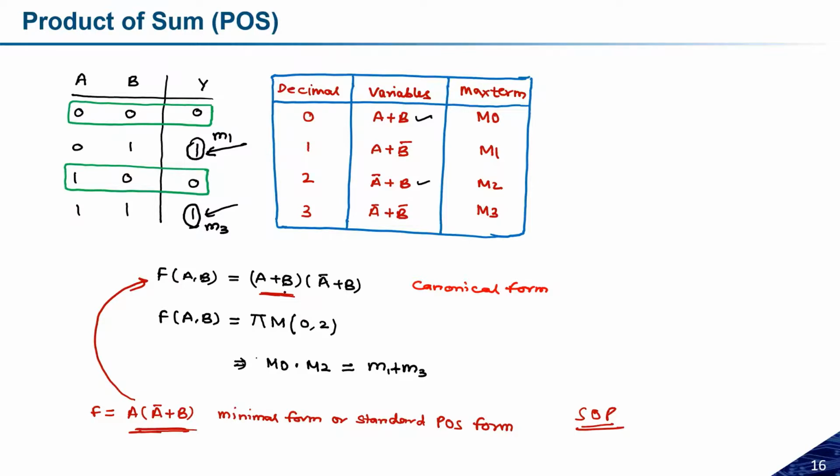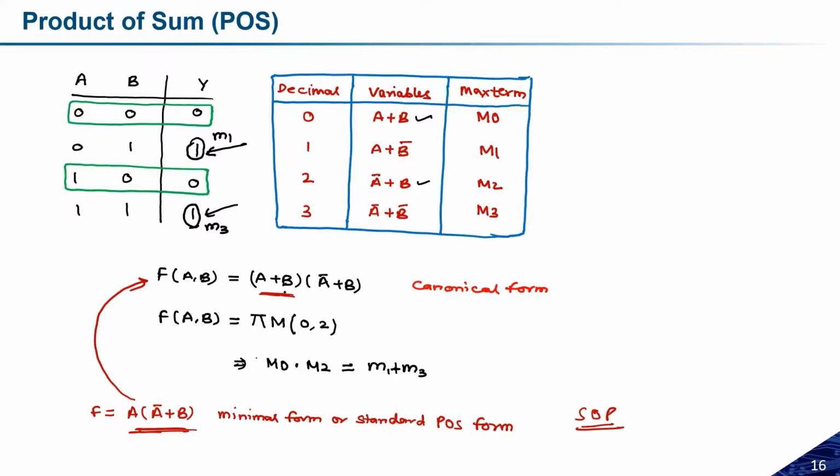Second step, I have to find which max terms or min terms are present in that function. Once we have the max terms or min terms, we can convert into the opposite one. If a min term is there, we can convert into the max term, and vice versa. So these are the steps.